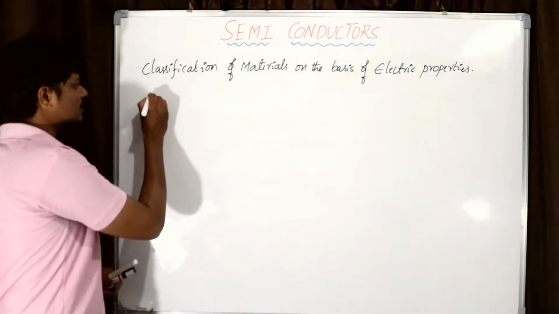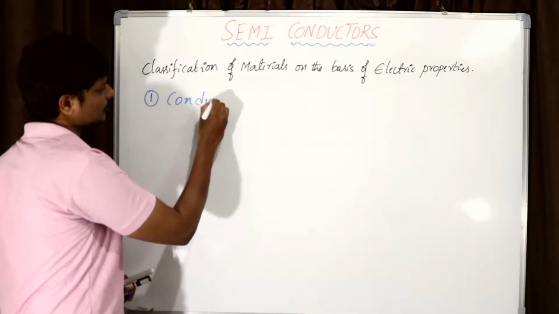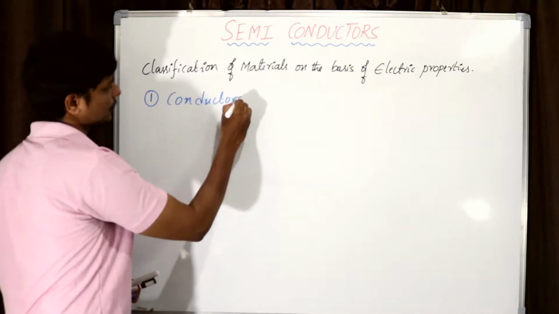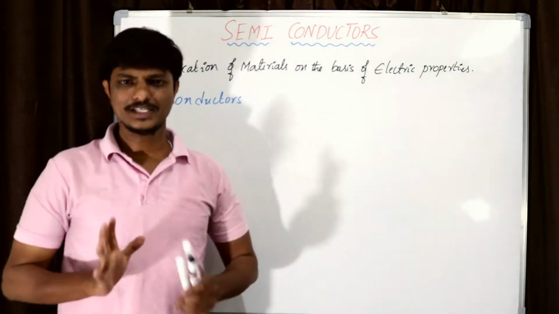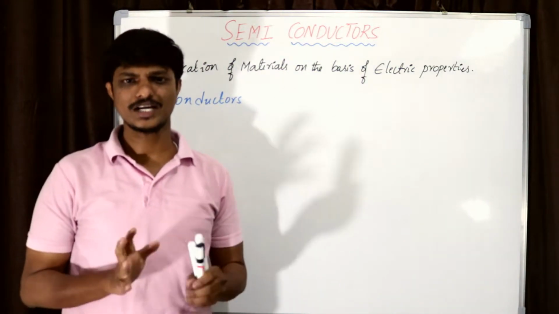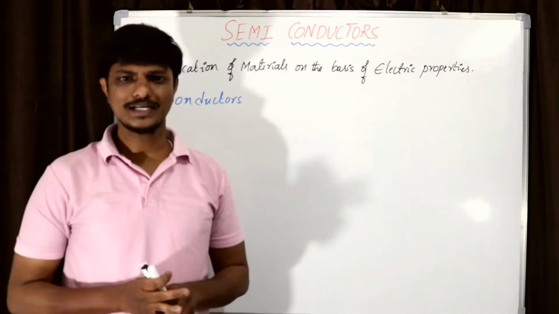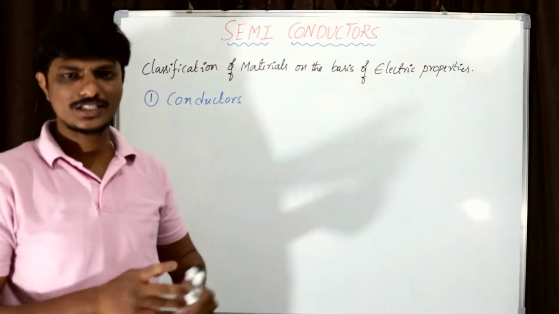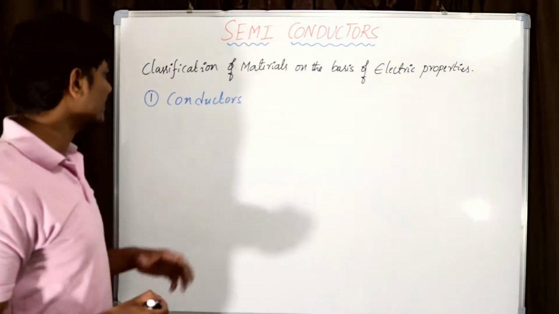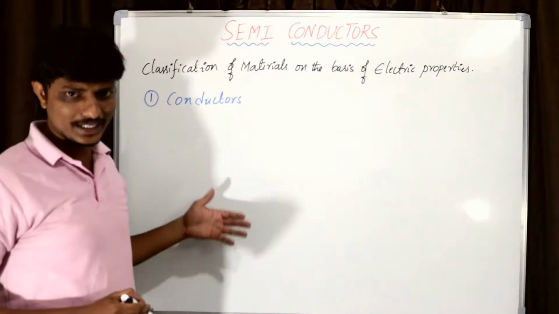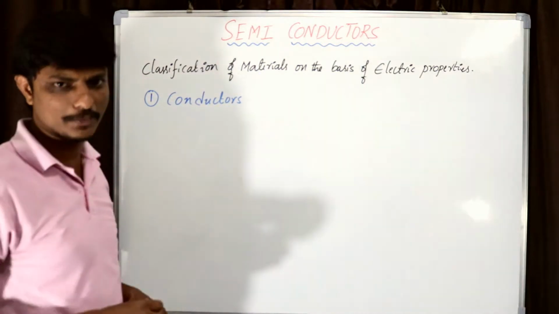The first one is conductors. What is meant by conductors? Conductors are the materials which allow the charge to flow with less resistance offered. When we are talking about the categories classified on the basis of electric properties, we are going to look at two factors which play a role.